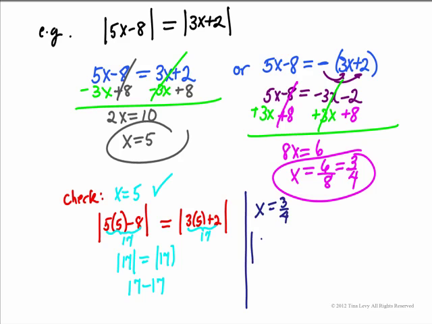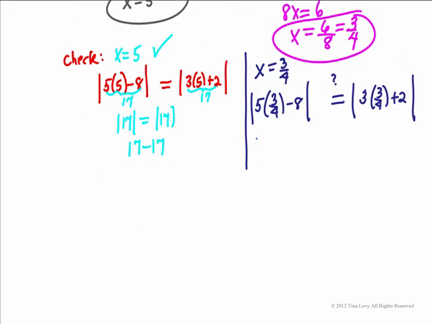Now checking the other one, we let x be 3/4. So we get absolute value of 5 times 3/4 minus 8. And then the other side, we've got 3 times 3/4 plus 2. So this involves doing some fractions. The inside of this is absolute value of 15/4 minus 8 over 1, and the question is, is that the same as 9/4 plus 2 over 1?